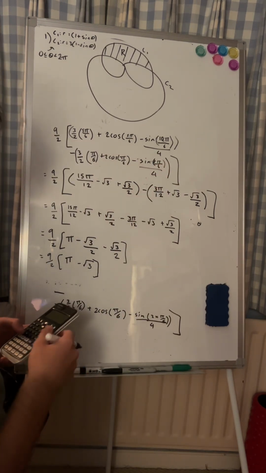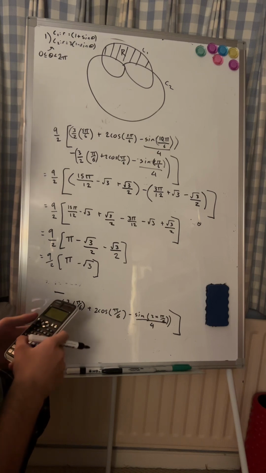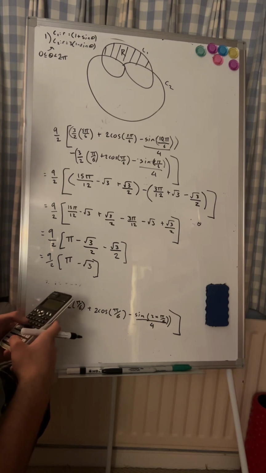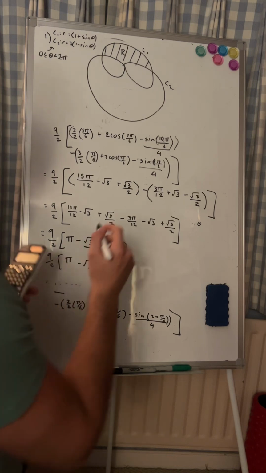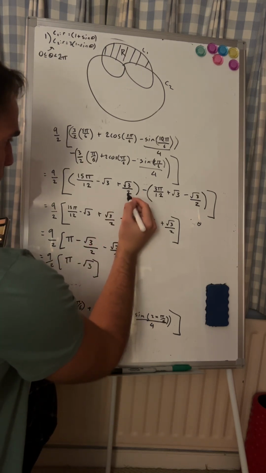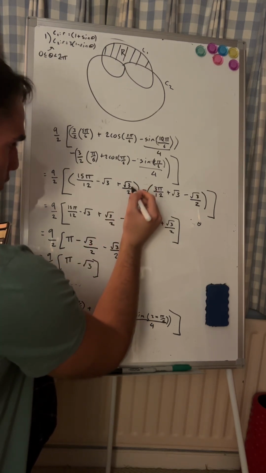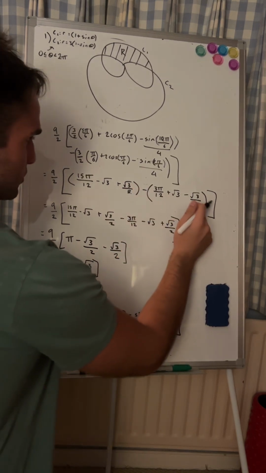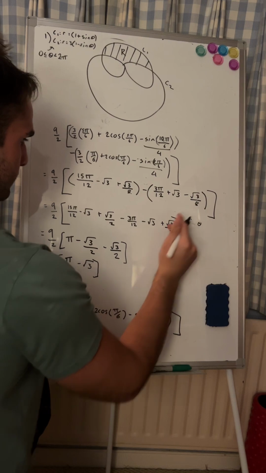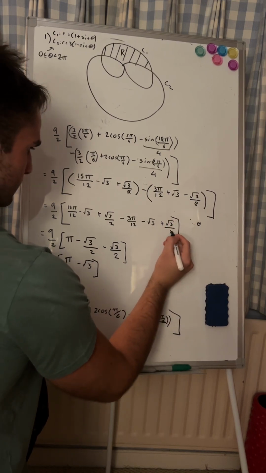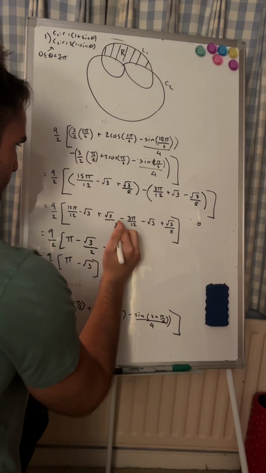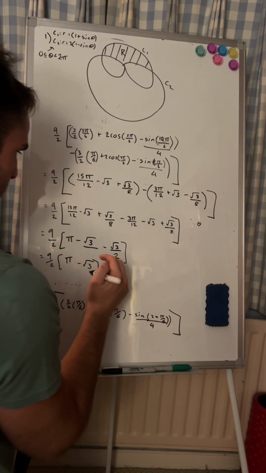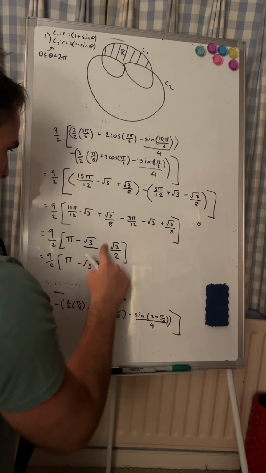So this is minus sine 10 pi over 6, root 3 over 2 divided by 4. So this is this over 4, which is over 8. And this is also over 8. So this is over 8. And this is over 8. And this is... No, I'm not right.